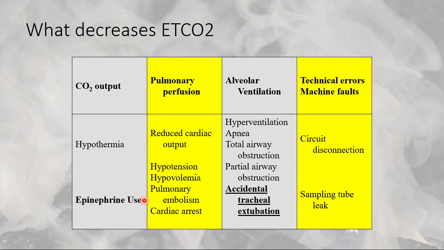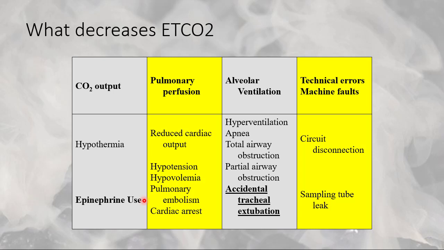Sudden decreases in End-Tidal CO2, the very first thing we need to look at is alveolar ventilation. In other words, have we lost our tube? Has our tube become dislodged? Has it become disconnected? Anything like that. Total airway obstruction with a big mucus plug, or the tube gets kinked.